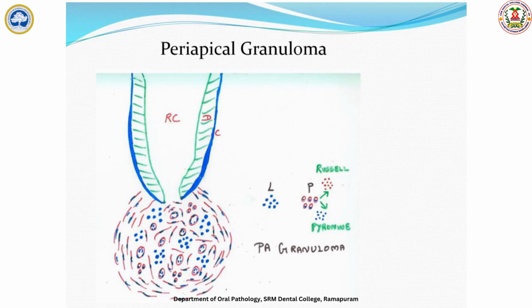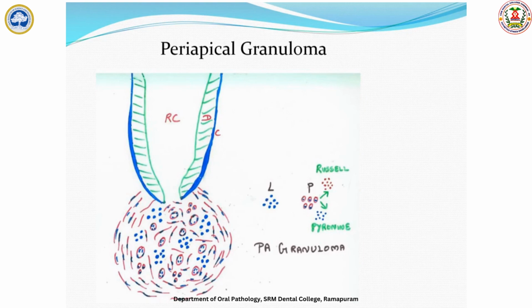Necrosis of the pulp can occur due to infection, due to decay, or due to trauma also.